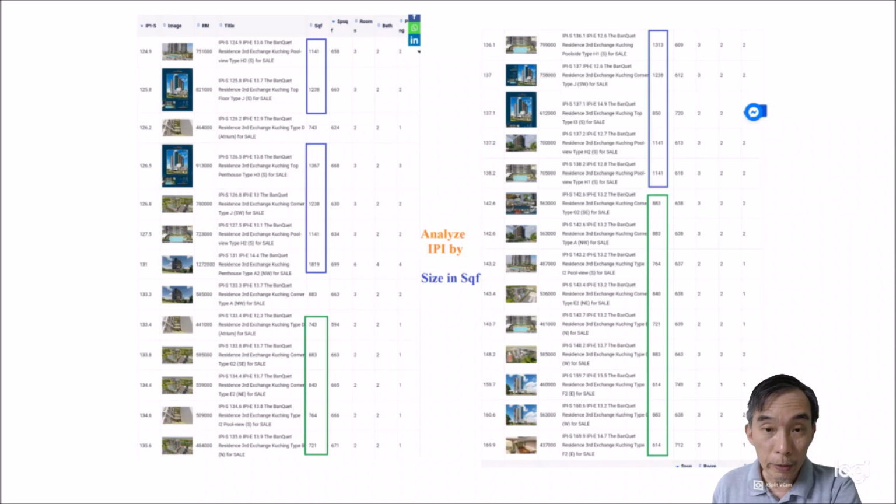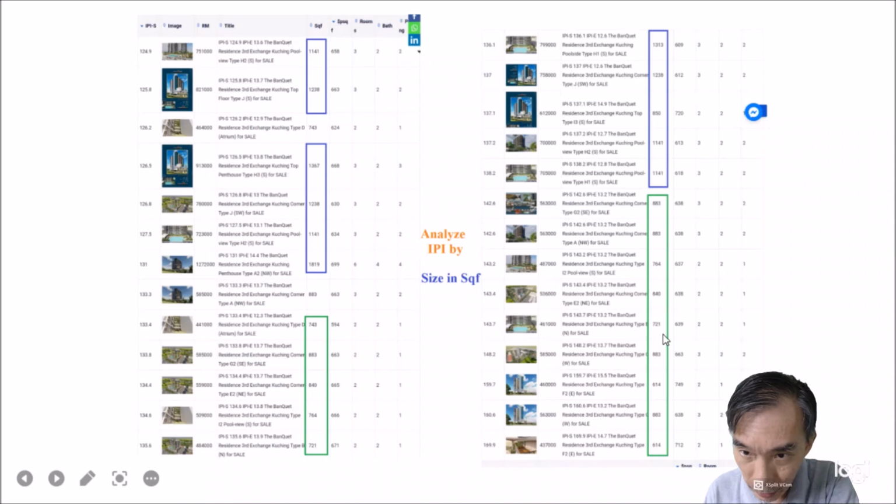Let us go deeper. If they are grouped under the smaller size unit and have a difference in the number of rooms, then you will tend to see the one with fewer rooms have a higher IPI. I will point this out in the green color box here. For the smaller size, around 800 plus or 700 plus square feet, the 3 rooms, 2 bathrooms and 2 car parks unit would have a smaller IPI compared to the one that is 2 rooms, 1 bathroom and 1 car park.